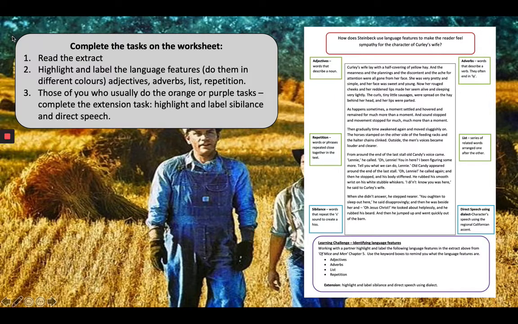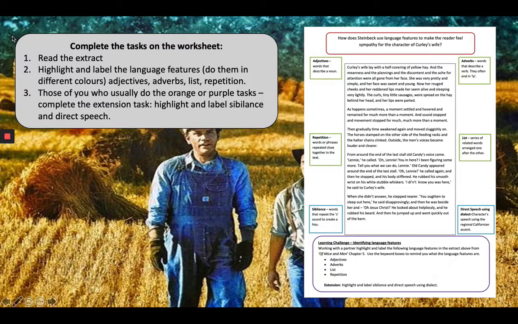He rubbed his smooth wrist on his white stubble whiskers. "I didn't know you was in here," he said to Curly's wife. When she didn't answer, he stepped nearer. "You oughtn't to sleep out here," he said disapprovingly. Then he was beside her and, "Oh, Jesus Christ!" He looked about helplessly, and he rubbed his beard, and then he jumped up and went quickly out of the barn.